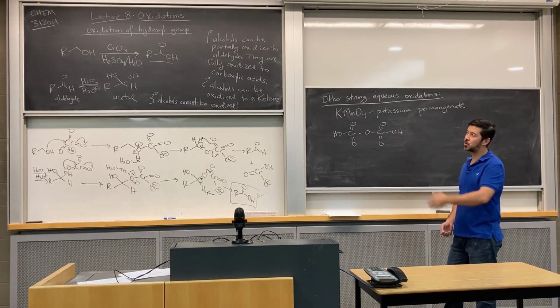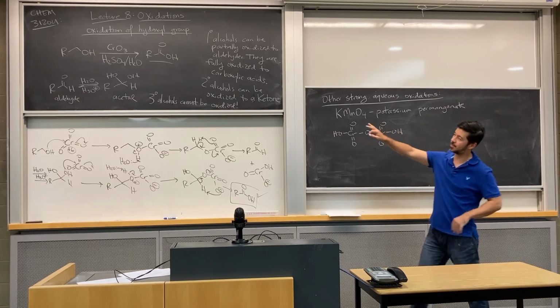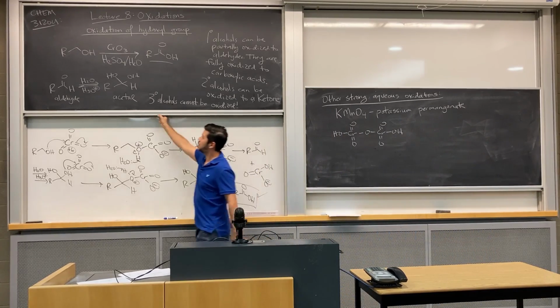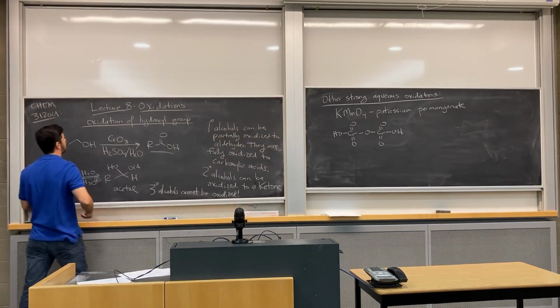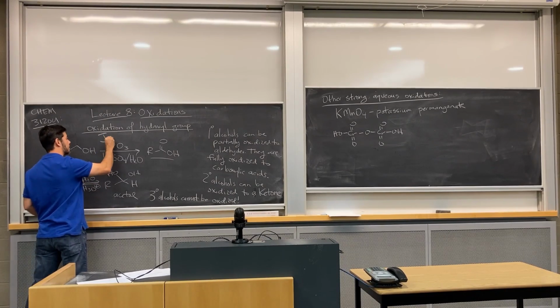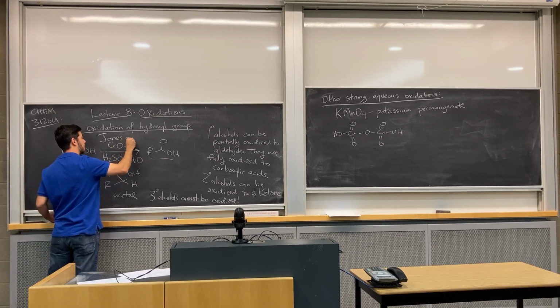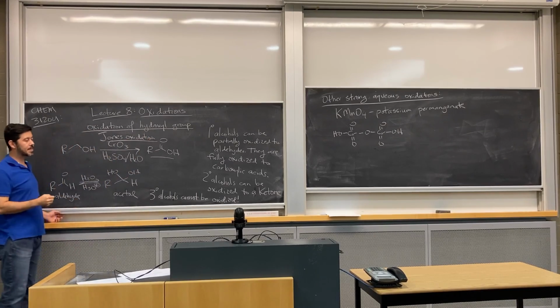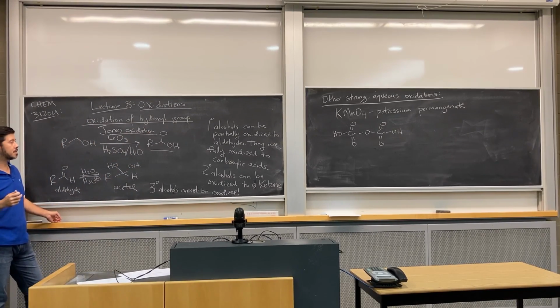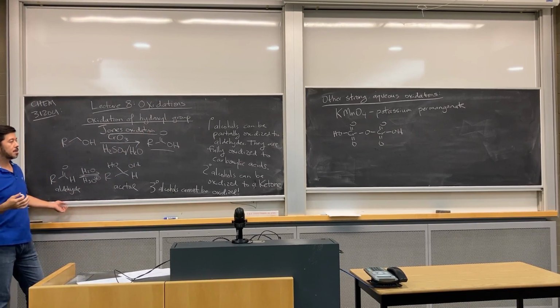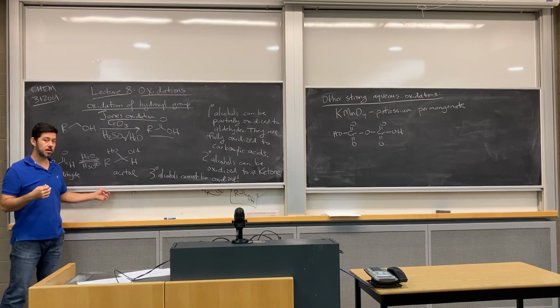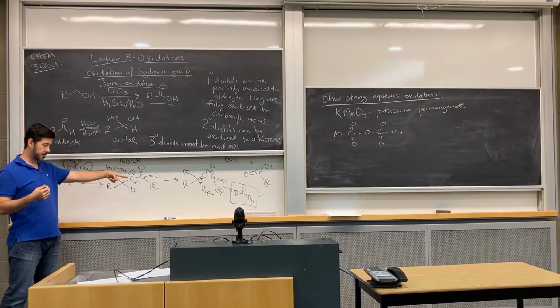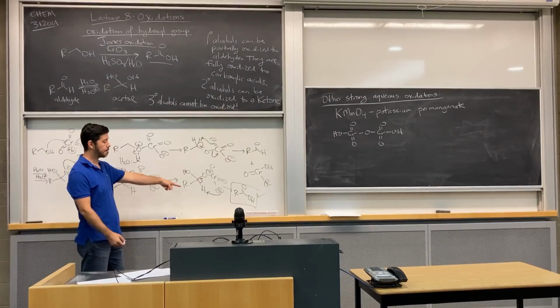The other thing about the Jones oxidation, I should write that this is called Jones oxidation, is because it's done in acidic conditions with water, if you have a primary alcohol, you're going to go all the way to the carboxylic acid right here.